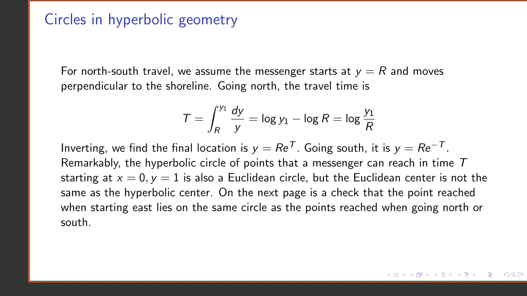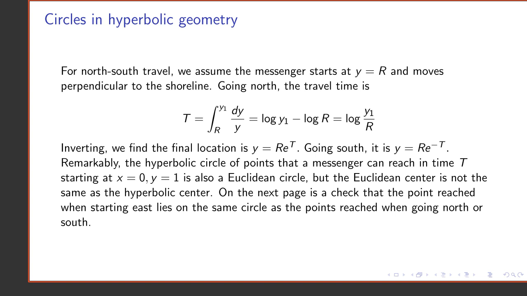That gives us the log of y1 over r. And if we solve this for y1 in terms of t, we find that the distance increases exponentially with travel time. Going south, the y-coordinate is r times e to the minus t.